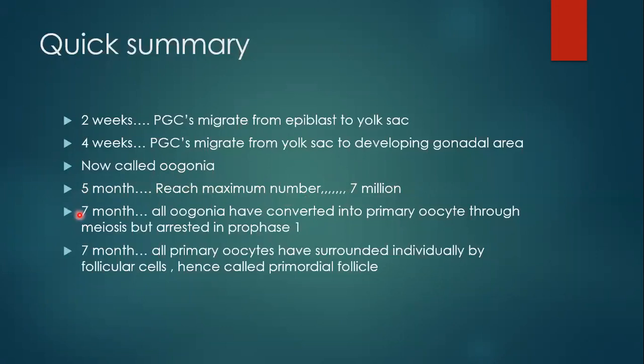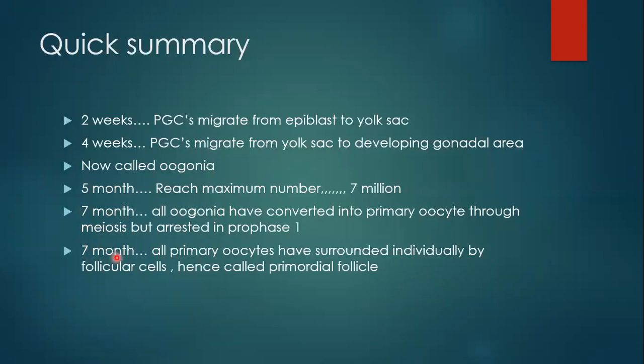Then during the seventh month of intrauterine life, all the oogonia have been converted into the primary oocytes, right? Through meiosis, but they are arrested in prophase 1, right? These cells are arrested in the stage of meiosis 1, that is prophase 1.